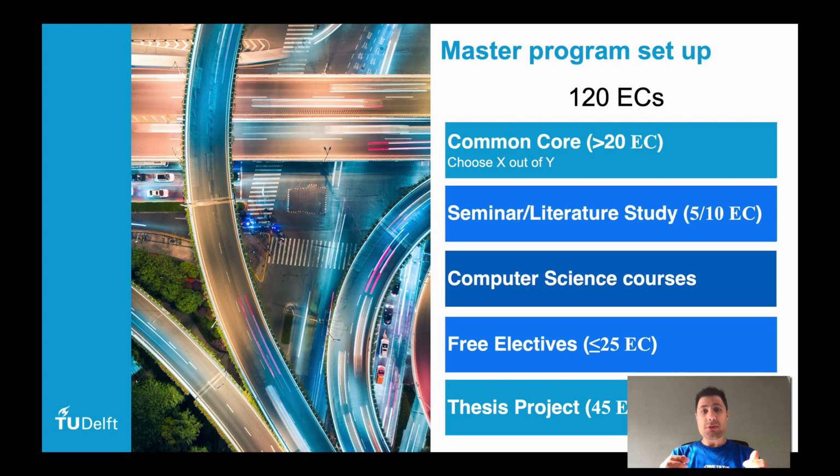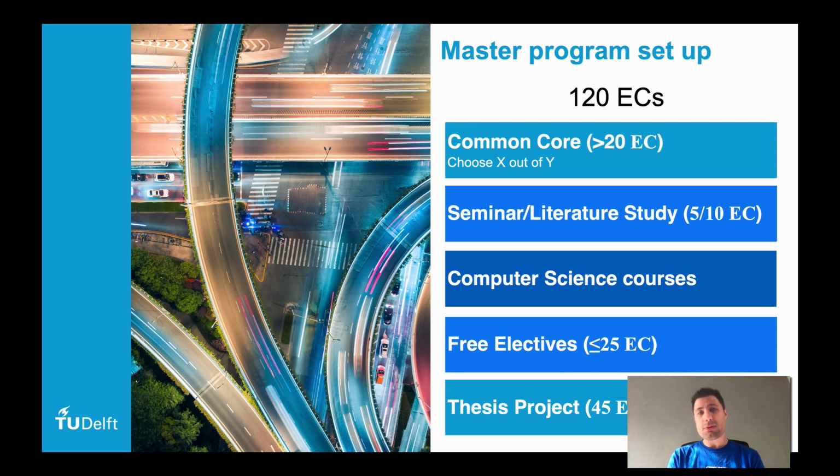We also ask you to follow one seminar or literature study course, and these courses are the ones that actually introduce you to the research groups, and usually you do the seminar very close to the research group you're going to do your master thesis, or maybe even closer to the topic you're going to do your thesis.